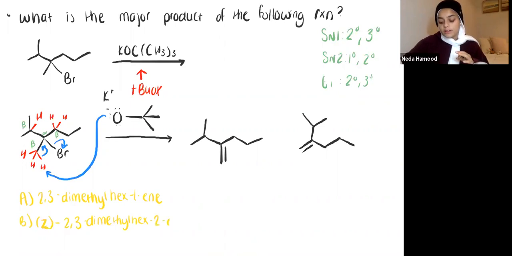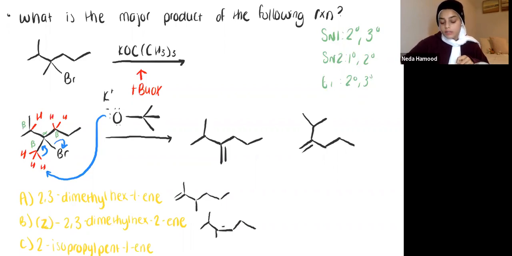So moving on. Let's say that our last option is 2-isopropylpent-1-ene. So drawing these out, this first one looks like this. The second one looks like this.